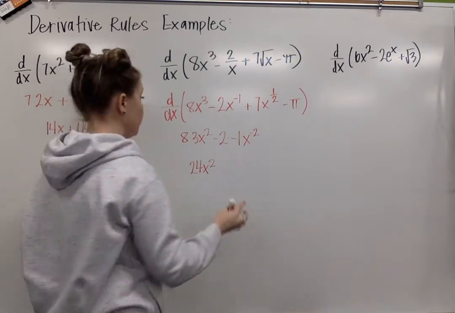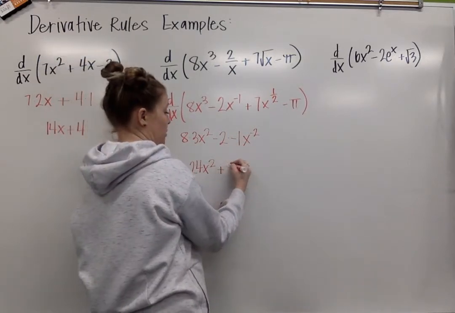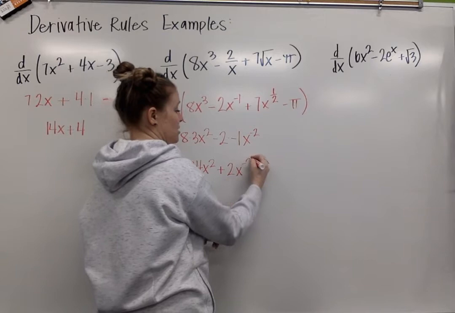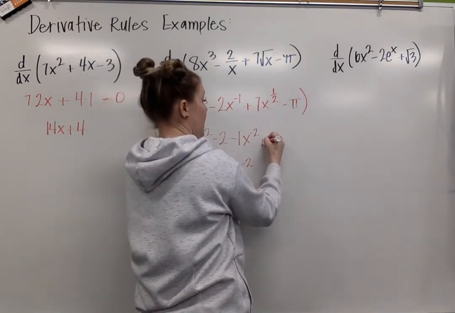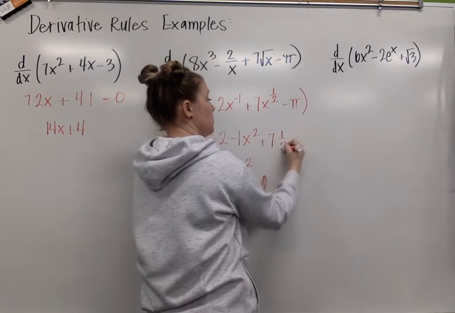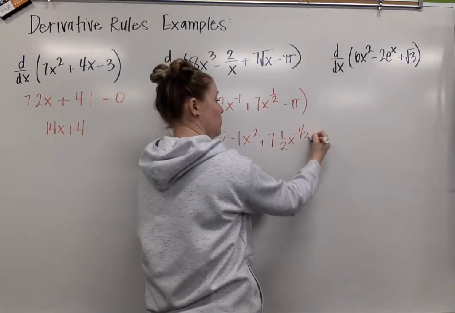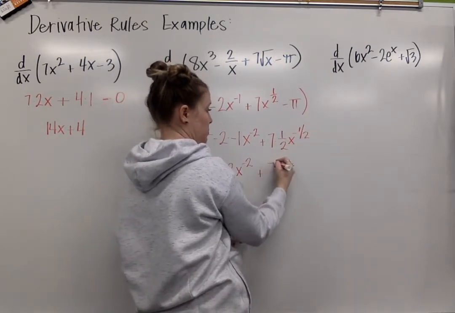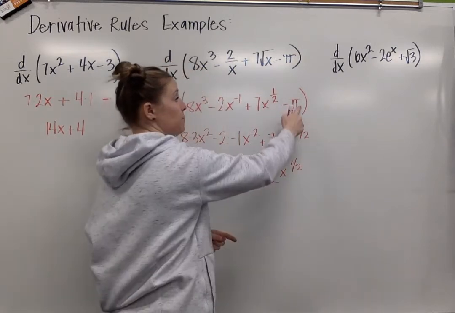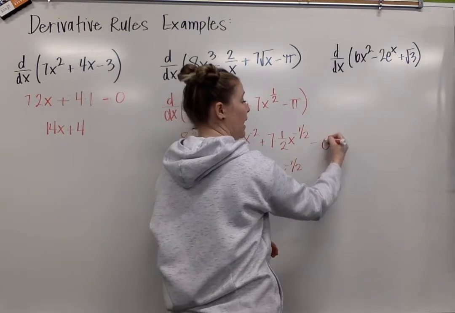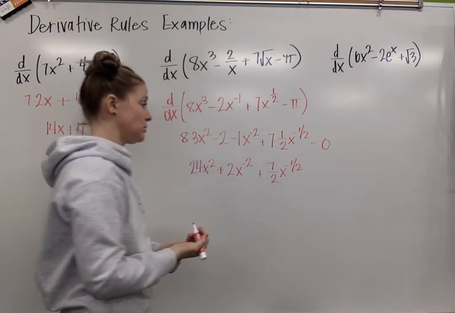I'll show you both. So for now, I'm going to just keep it as 2x to the -2 power. Here, I have 7 times 1/2 x to the -1/2, which gives me 7/2 x to the -1/2. And then the square root of -pi is 0.